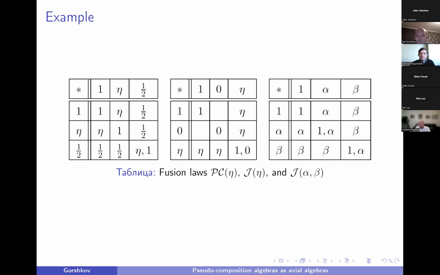And the third fusion table is a fusion table of Jordan type alpha beta. This is a generalization of the first and second fusion laws.